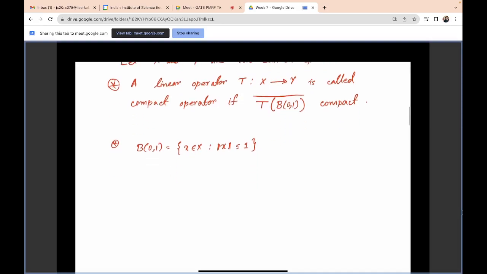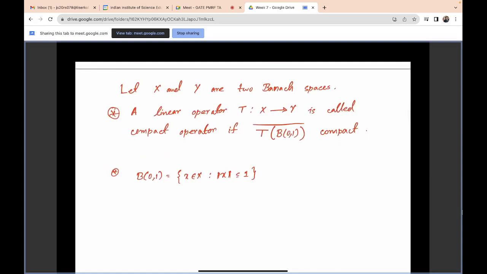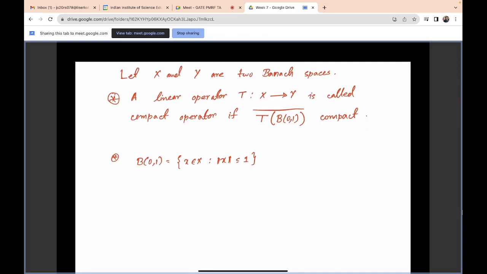And as this is a linear operator, if it maps the closed unit ball to a compact set, it will handle any bounded set. So this is basically an equivalent definition.